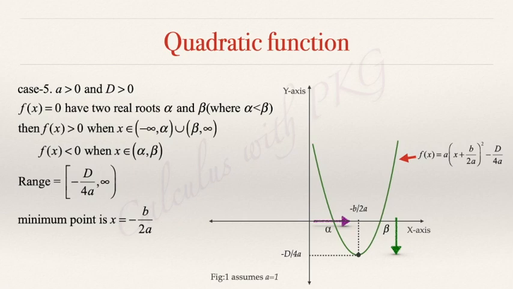Now f of x is greater than 0 when x belongs to open interval minus infinity to alpha union open interval beta to positive infinity, and f of x is less than 0 when x belongs to open interval alpha to beta. So what about the range of the function? The range of the function is from minus d by 4a to positive infinity, and the minimum point is x equal to minus b by 2a.